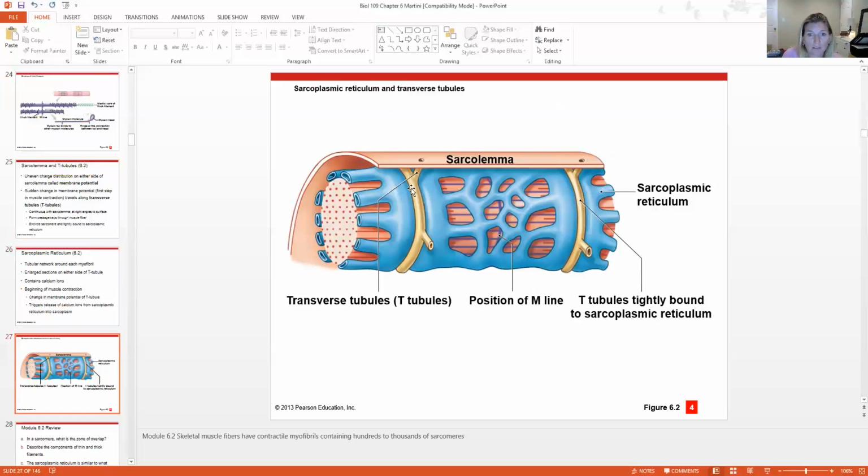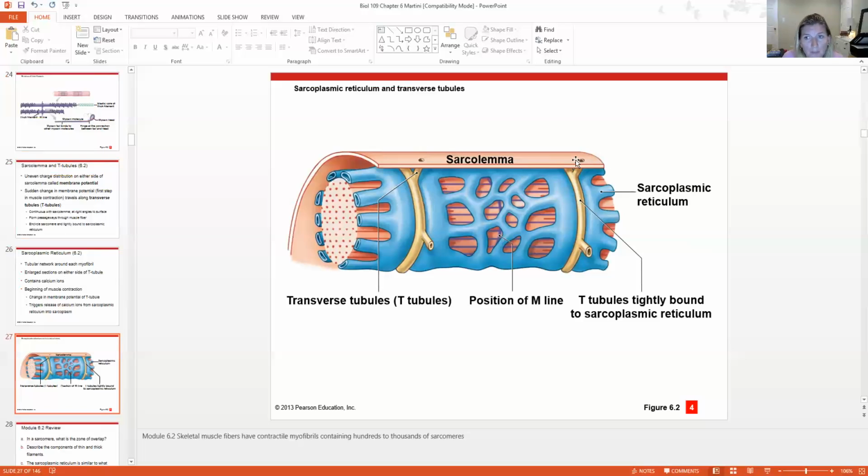Here's the whole process. Here's our sarcolemma, this outer plasma membrane. Here you see the T-tubules coming in. They're just invaginations, like little canyons or valleys coming in from that outer cell membrane, touching our blue, in this picture, sarcoplasmic reticulum.